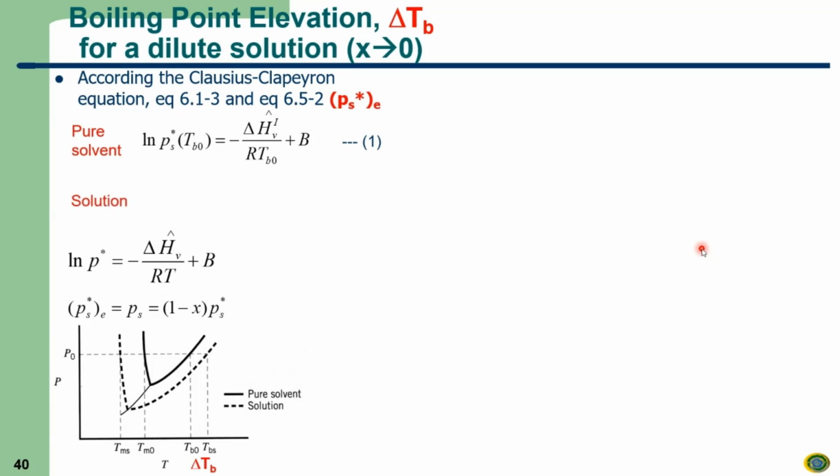But if we have a solution, if we put the sugar into the water, we can have another Clausius-Clapeyron equation. Let's say TBS, because you increase the temperature, the temperature will be different, right? So you have this, another equation. This is equation 1 and equation 2. Then you have equation 1 minus equation 2.